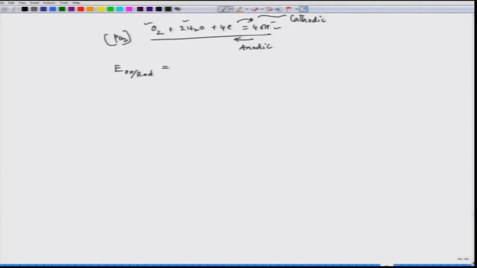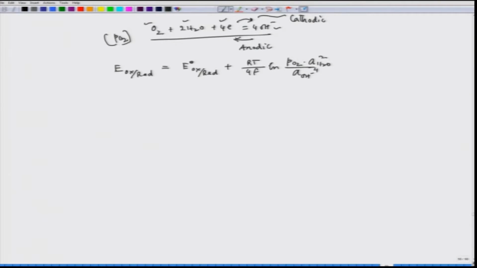So, I can write it as E0 ox/red plus RT by 4F, since 4 electrons are involved, ln PO2 times activity of H2O, over activity of OH minus to the power 4. So, this is my Nernst equation for this.